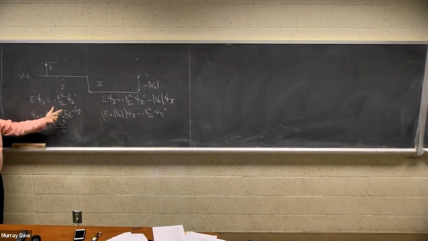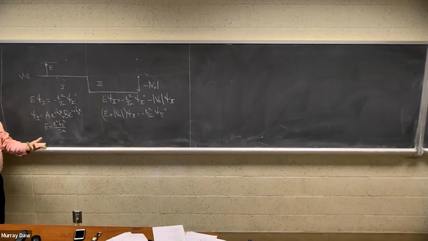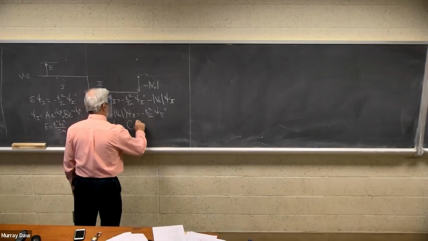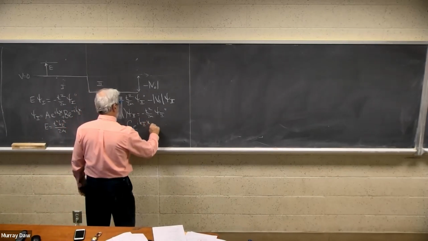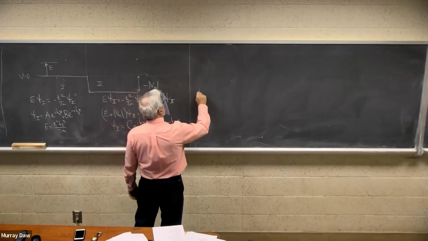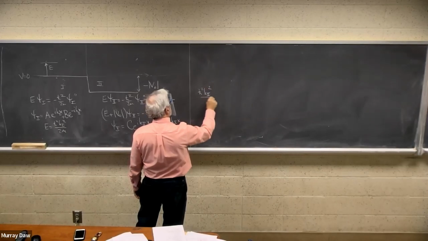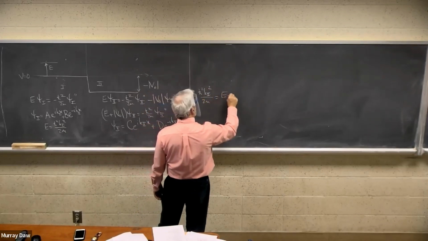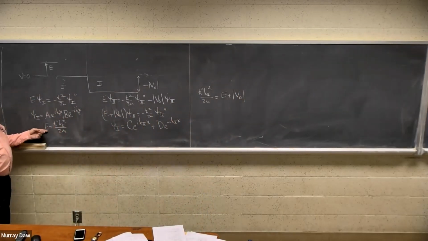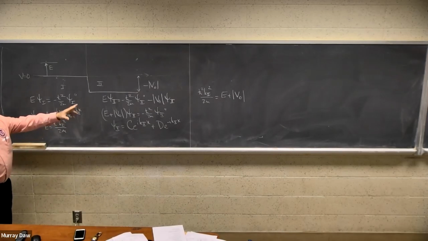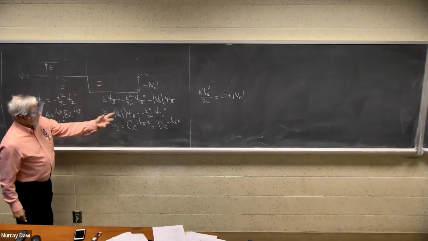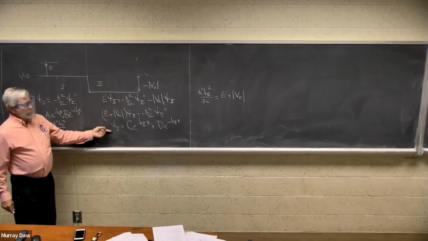So it's still going to be complex exponentials. We would have h bar squared k2 squared over 2m equal to E plus V naught. Similar to this, except the wave number is changing when it goes into this region. So you can solve for K2.